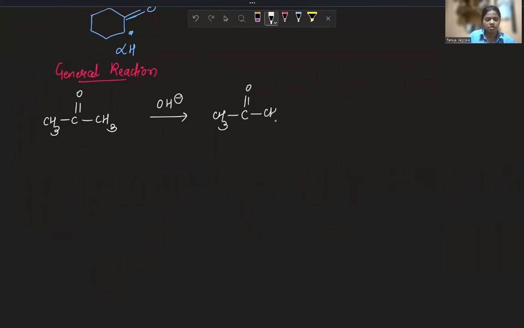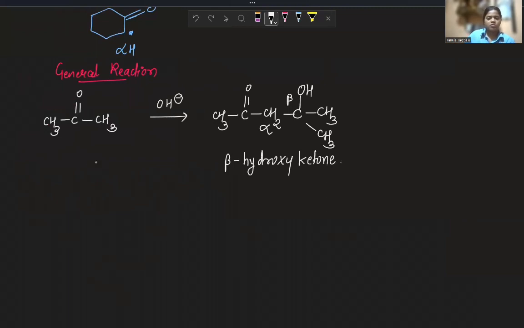We can write the product in this way. This is alpha, here it is beta. On the beta carbon atom, we have a hydroxy group, so we can write it as beta hydroxy ketone.